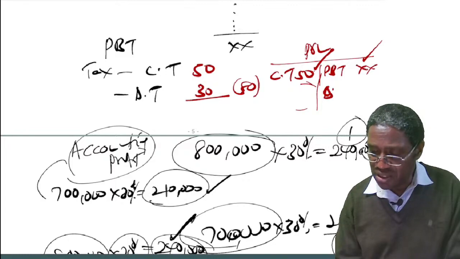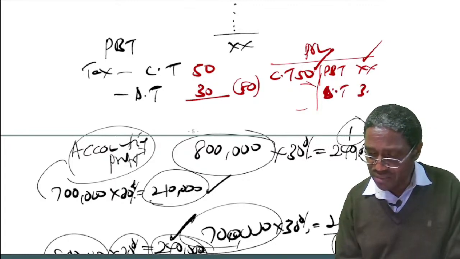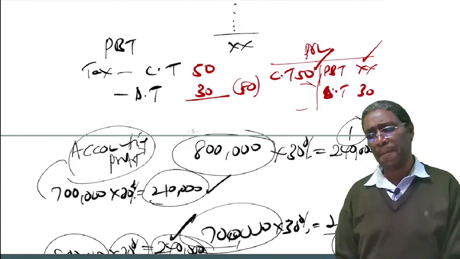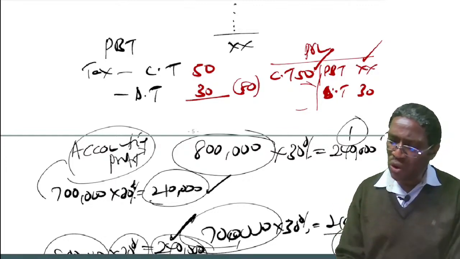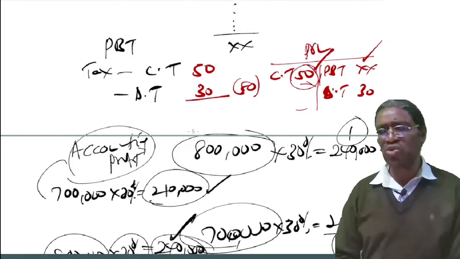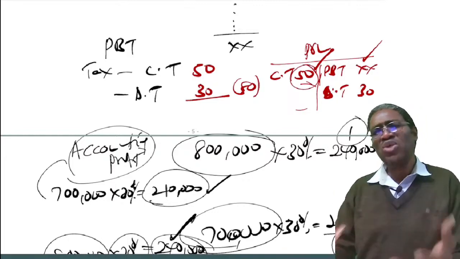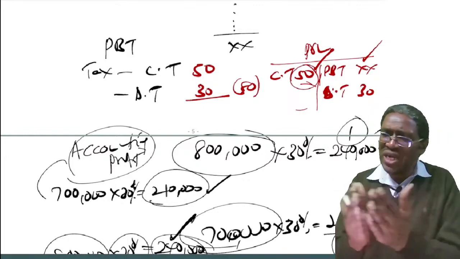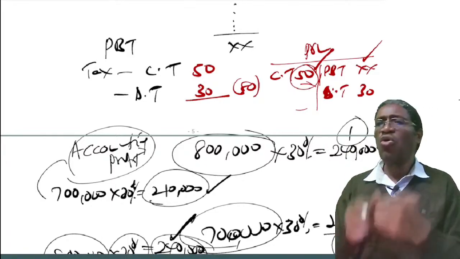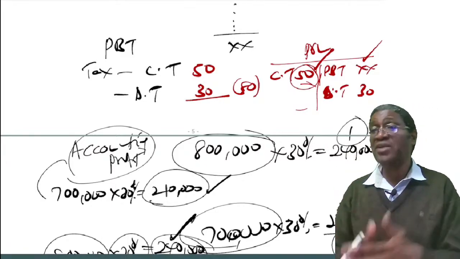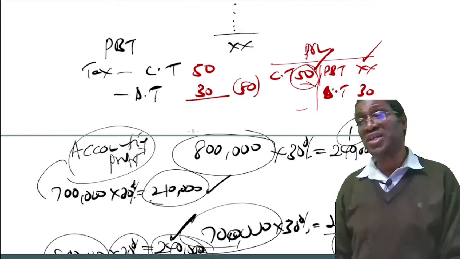Come and see a deferred tax, 30. So the question is, I am crediting P&L by 30 when on the debit there is a corporation tax of 50. So the question is, when you credit an account which has a debit, are you increasing the debit or are you reducing the debit? It's obvious you are reducing the debit.